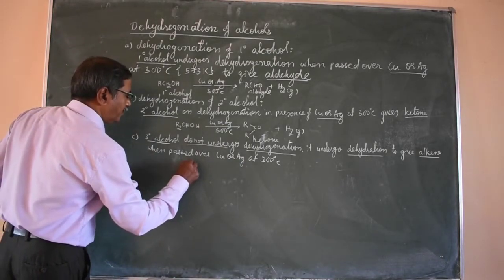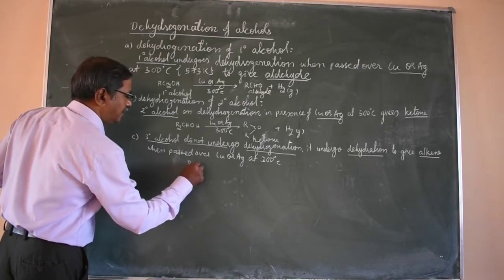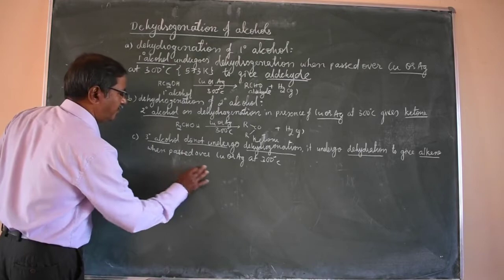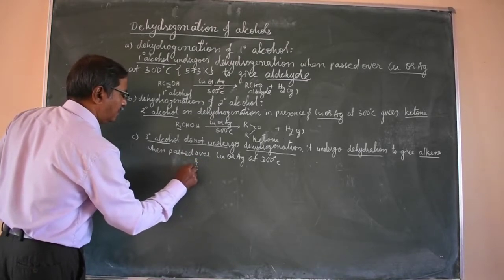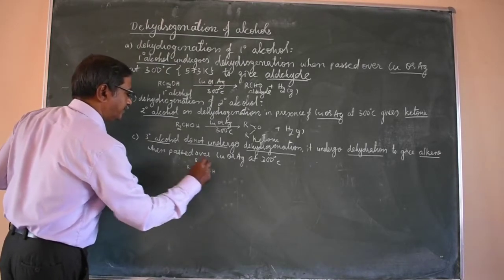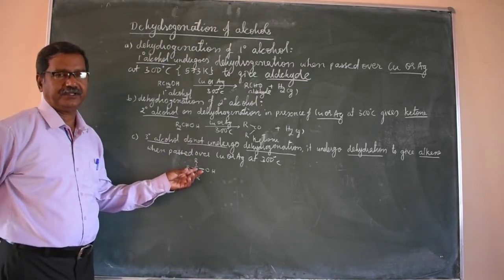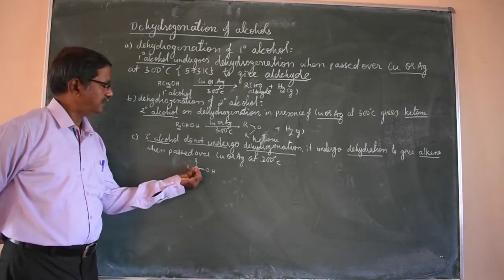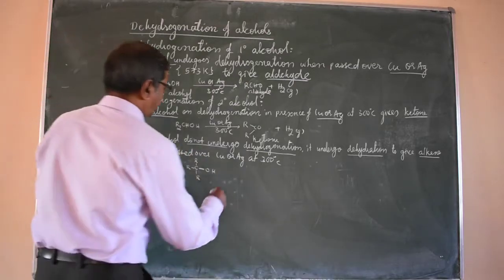We know the formula for tertiary alcohol. It is R3COH. Instead of that, I am writing like this: R, then OH. So we don't find hydrogen on this carbon. That is, there is no tertiary hydrogen. So it does not undergo dehydrogenation.